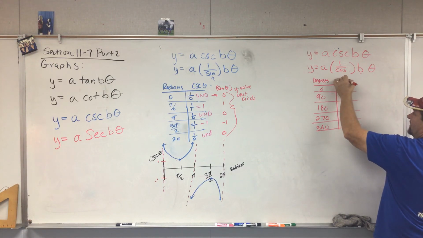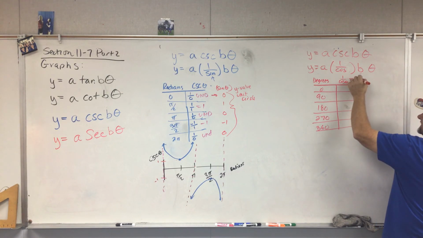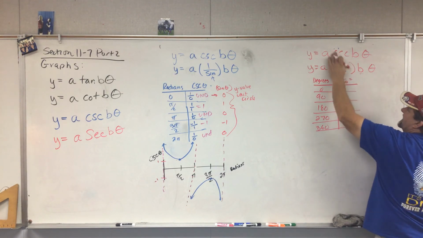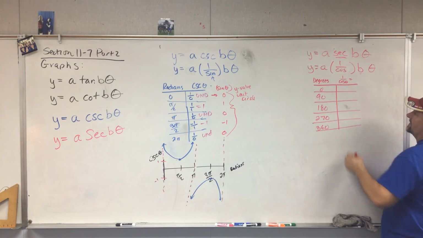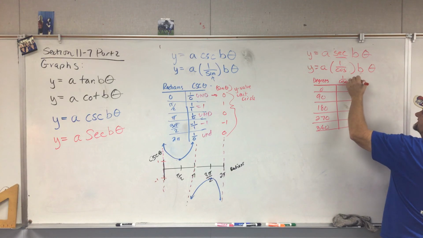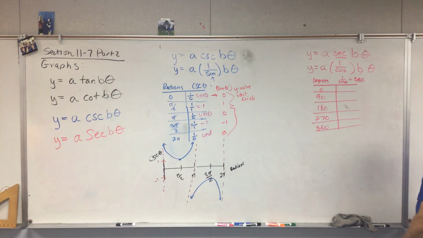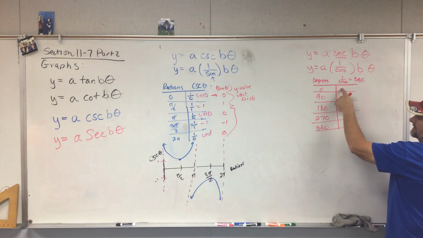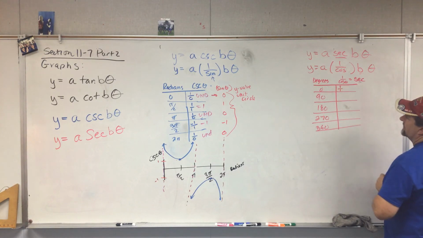I'm going to put 1 over the cosine of theta here, which is the same as secant. This should be secant, guys, sorry. Change that in your notes if you wrote it down. All right. So let's look at this. Cosine here is at 1, so it'll become 1 over 1.